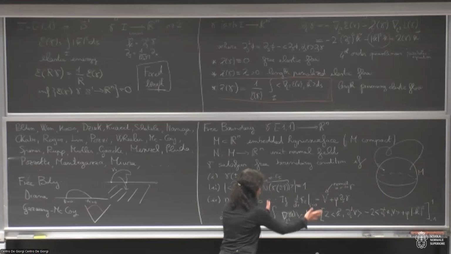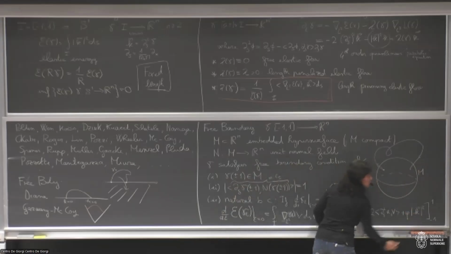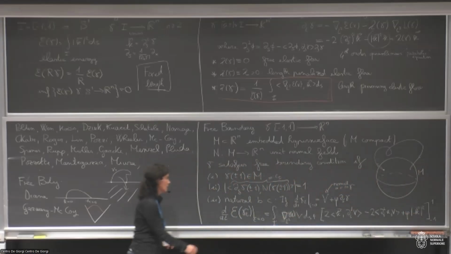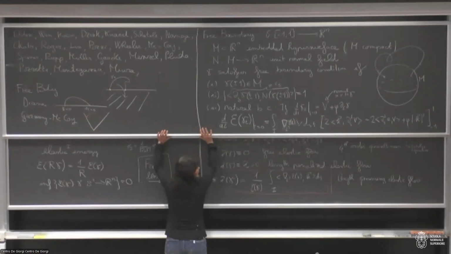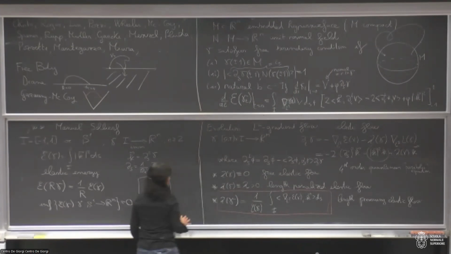So these are the new part coming up due to the fact that now we have this boundary. And now let's see what can we say about these boundary terms.